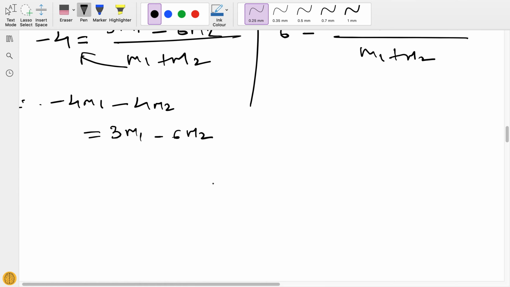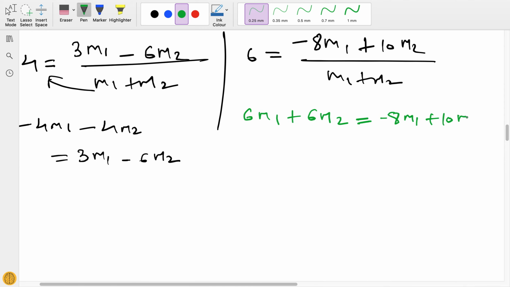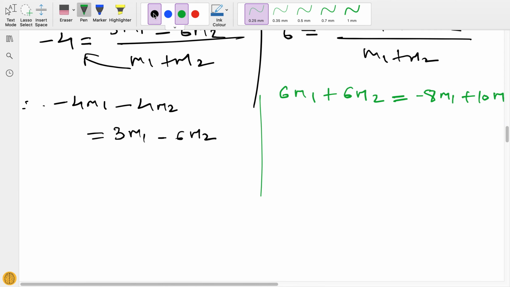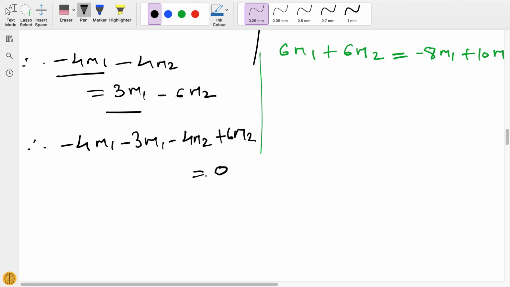We will get the ratio here. And 6m1 plus 6m2 is equal to minus 8m1 plus 10m2. Let's calculate here. Minus 4m1 minus 3m1 minus 4m2, and minus 6m2 will go to the left side and become plus 6m2, is equal to 0.